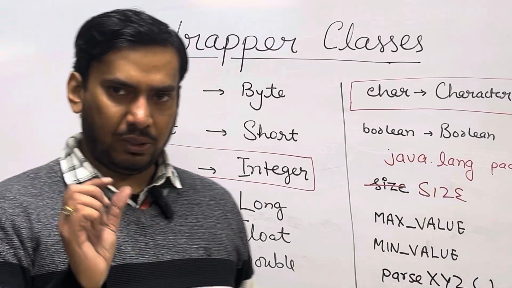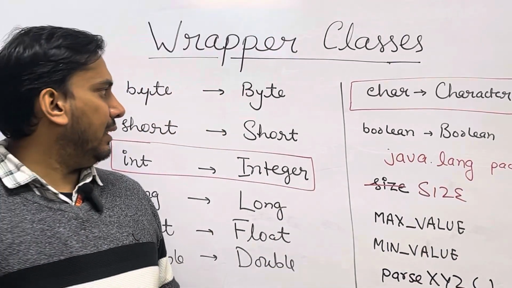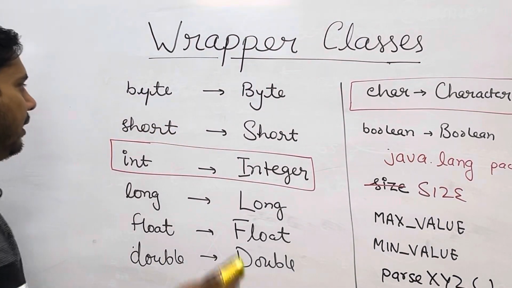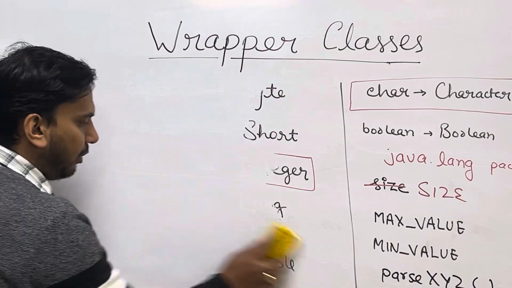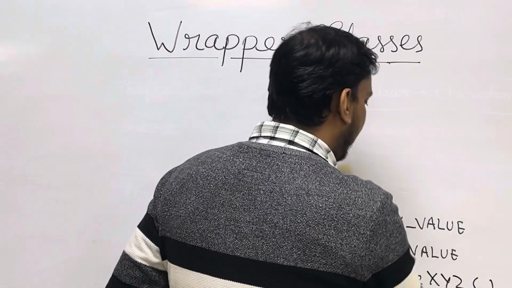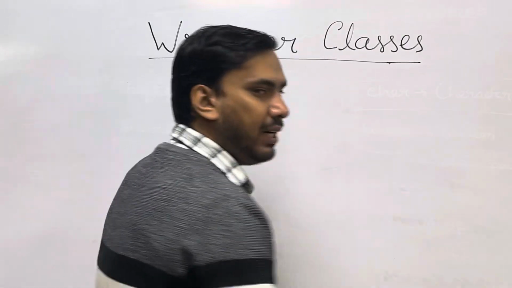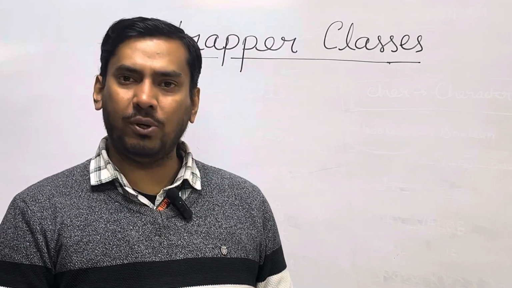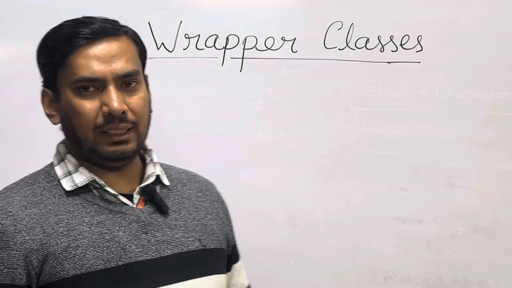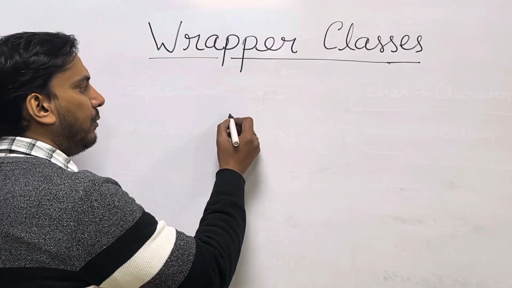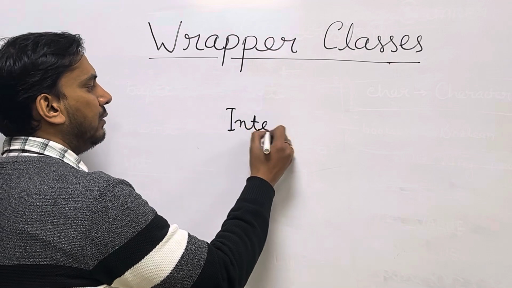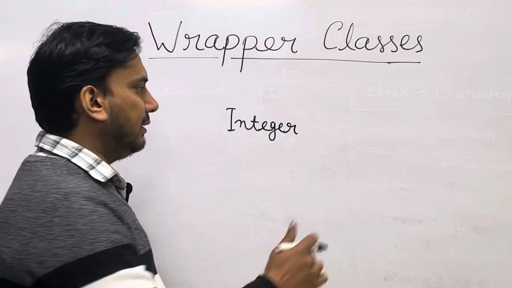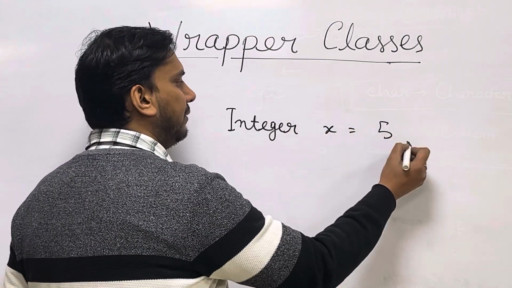Now, there are two small concepts associated with the wrapper classes, called autoboxing and unboxing. Both these things are done automatically, right? Unlike widening and narrowing, where widening is automatic and narrowing is explicit, here autoboxing and unboxing are done automatically. What is autoboxing? Autoboxing says that if you assign some primitive type to a reference, let us say I am writing Integer x = 5.